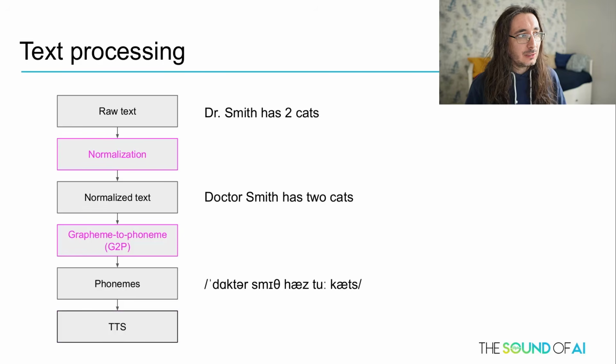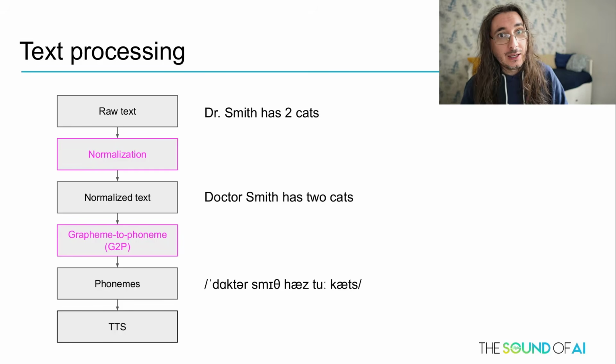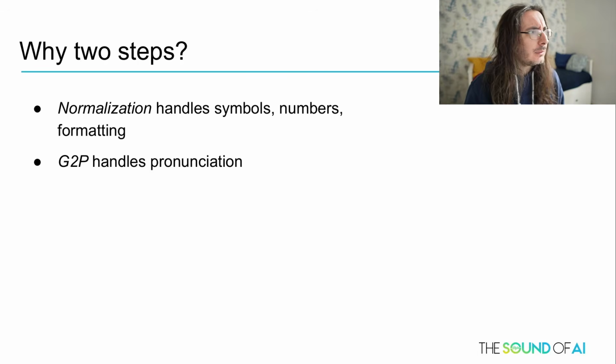So for text processing, really, we have 2 steps. We have normalization first, and then we have Grapheme-to-Phoneme, so G2P. In the rest of this video, we're going to look into some detail at both normalization and, of course, G2P. But why do we have 2 steps, really? Well, normalization handles symbols, dates, numbers, formatting, so that we can get to a normalized version of the text.